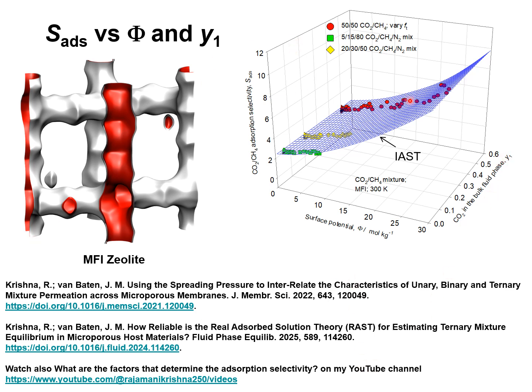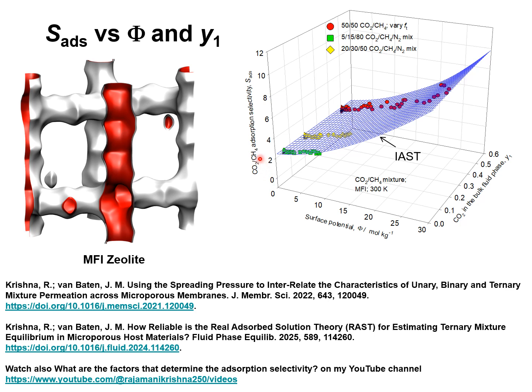Additionally, we carried out CBMC simulations for ternary mixtures in the proportion 5, 15, 80 of CO2, methane and nitrogen. Another ternary mixture 20, 30 and 50 for CO2, methane and nitrogen. These simulations are shown by the green squares and yellow diamonds.